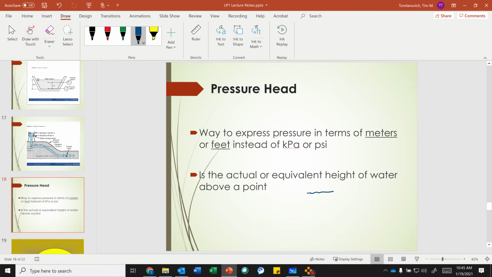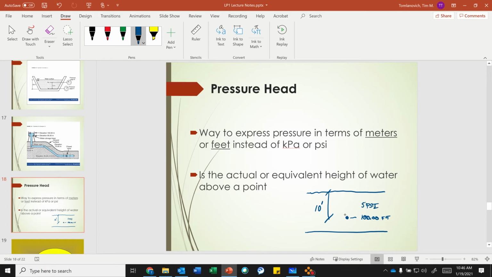So say I have a dam here, and I have a vibrating wire piezometer at a known elevation below the ground. Let's just say 10 feet. I know this elevation. Let's just say elevation 100.00 feet. Now it's going to read a pressure above that point. Say the piezometer is reading 5 psi.